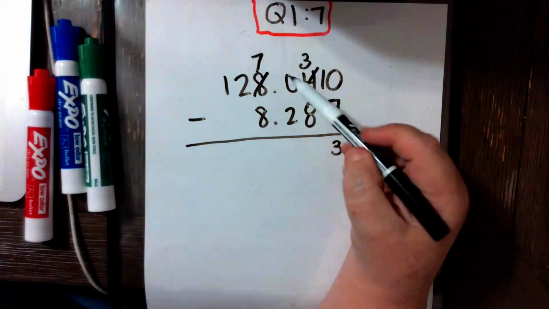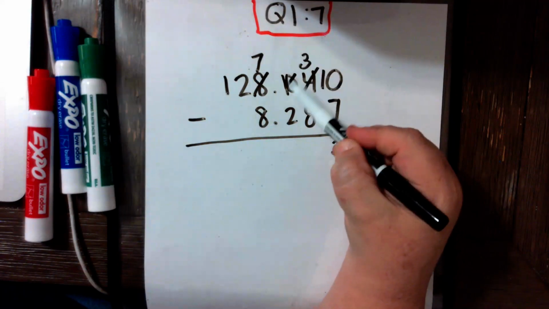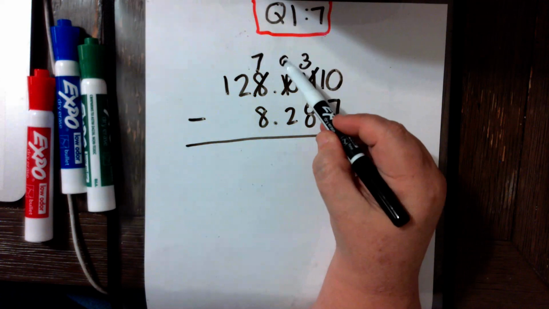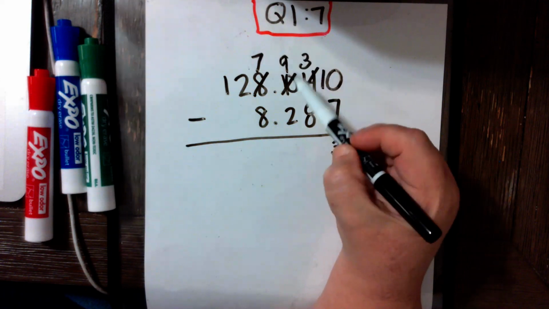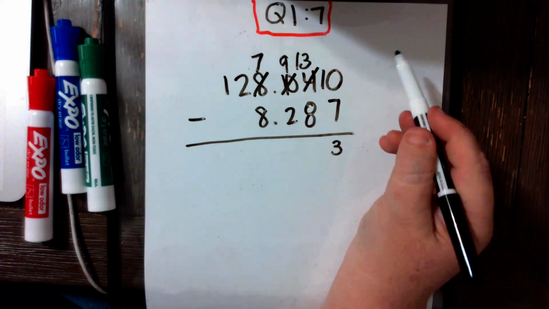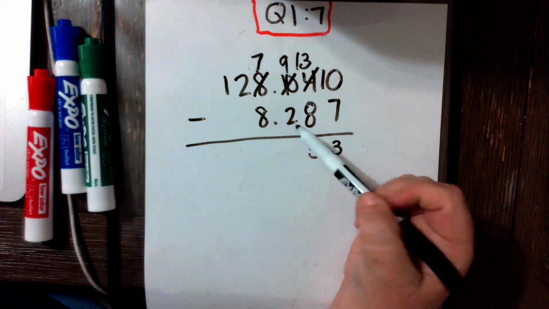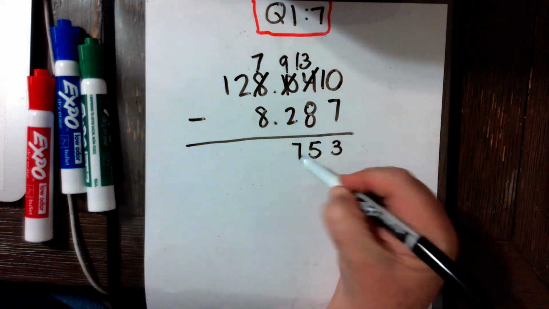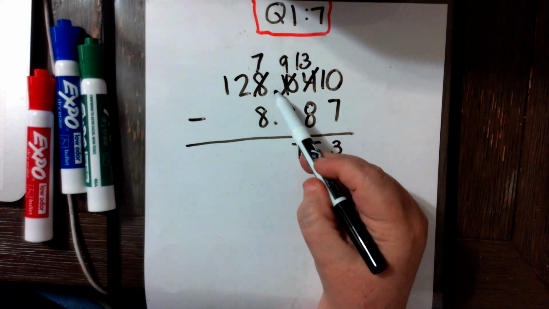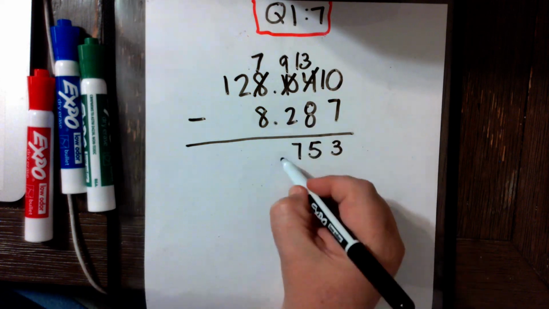We'll change that over to a 7, which we can now make this a 10. And now we can borrow from our next door neighbor. I would leave that as a 9, and then now we have 13 minus 8. 13 minus 8 is going to leave us with 5. 9 minus 2 is going to leave us with 7. The decimal in addition and subtraction just comes straight down, okay?